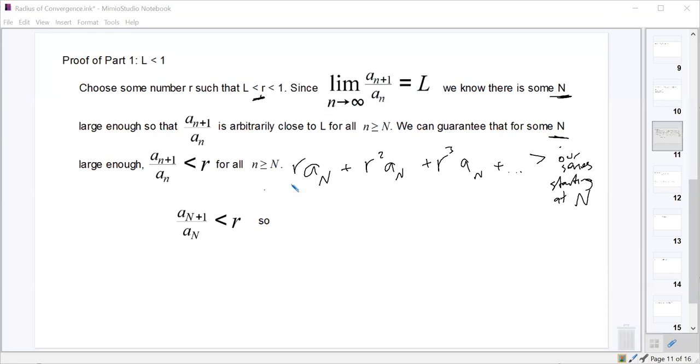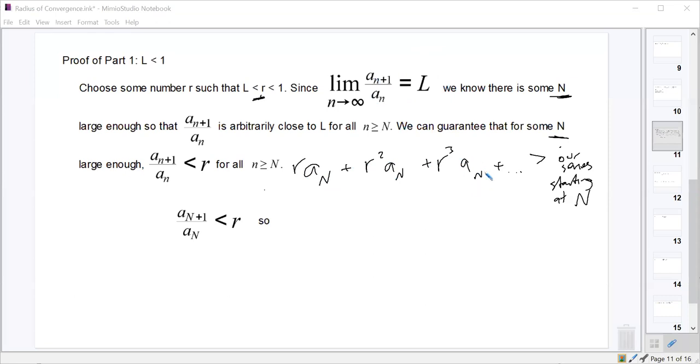and that there's some value between L and 1 that we can call R, we could say that this capital Nth term, where we found our ratio to be L, that term plus the next term multiplied by R, this is some other series, right?